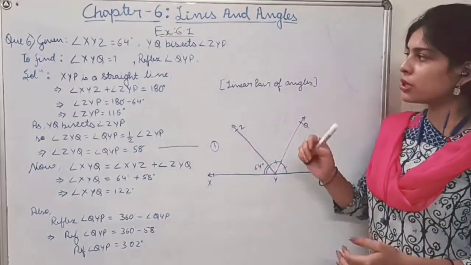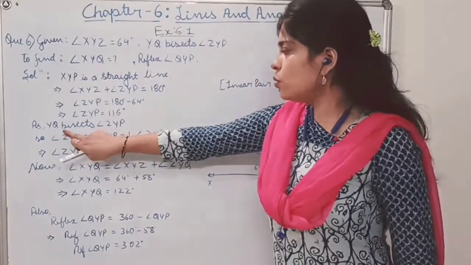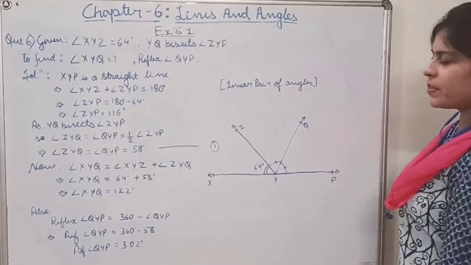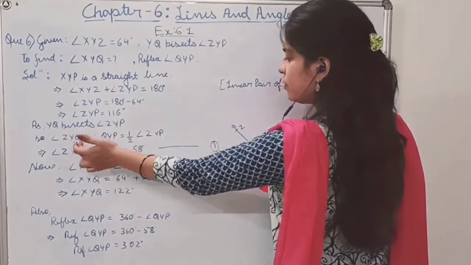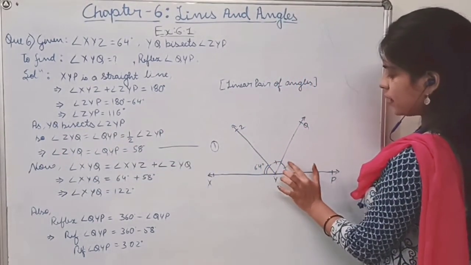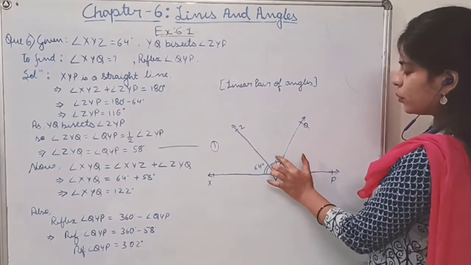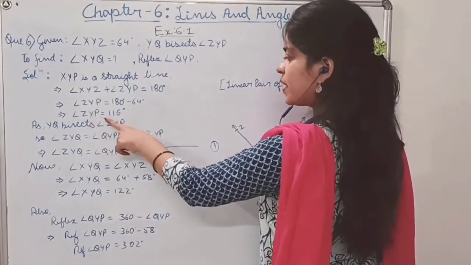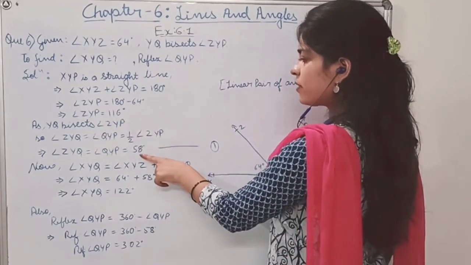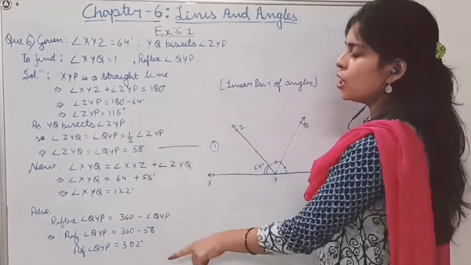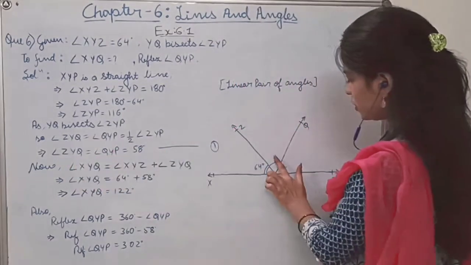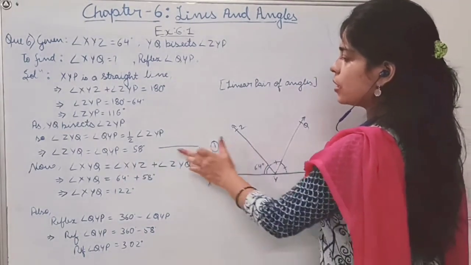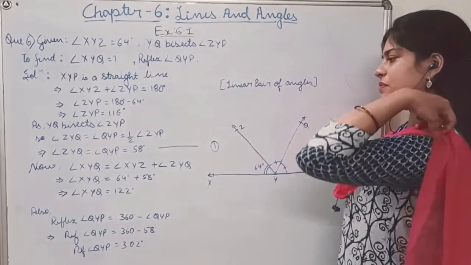It is also given in the question that YQ bisects angle ZYP. It means angle ZYQ and angle QYP will be equal, and both the angles will be half of ZYP. So if ZYP is 116, half of ZYP will be 58 degrees. So the measure of ZYQ and the measure of QYP is 58 degrees.